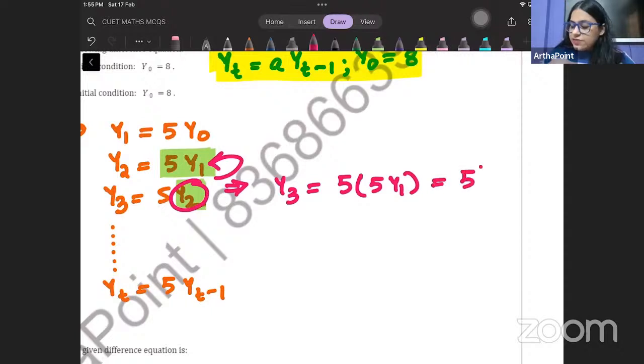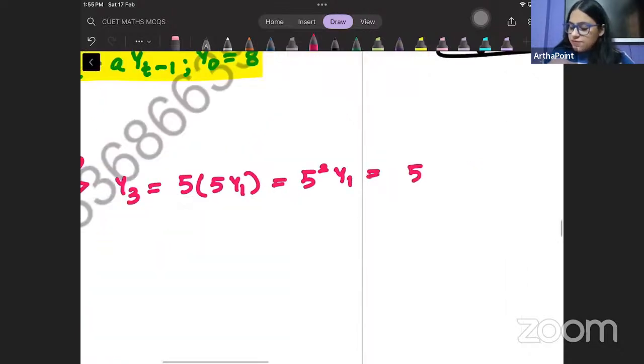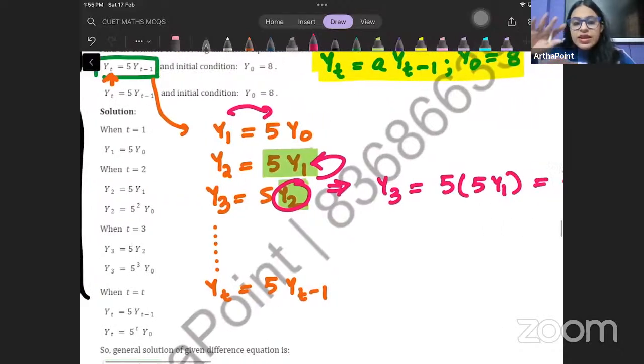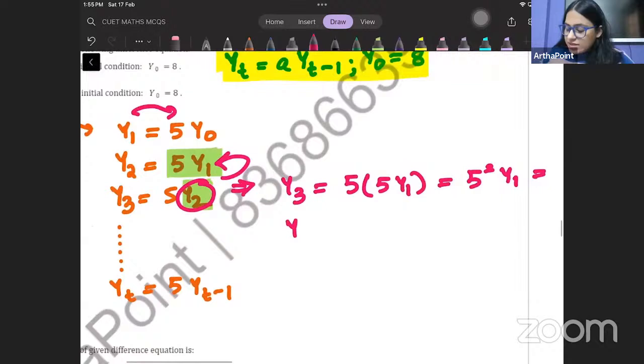So I will get 5 square y1. And y1 is nothing but 5 y naught. तो यहाँ पर मुझे मिल जाएगा 5 square into 5 y naught. मतलब I will get y3 is 5 to the power 3 y naught. तो I have been able to derive this relationship. मेरे पास एक relation आ गया कि y3 is nothing but 5 to the power 3 y naught.